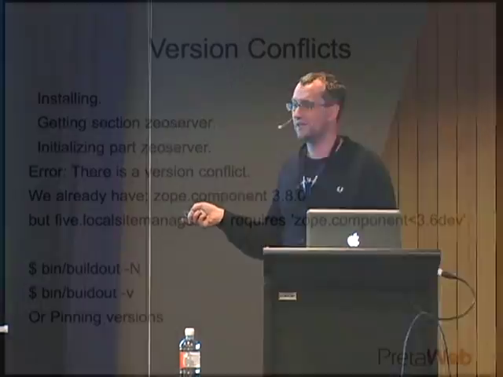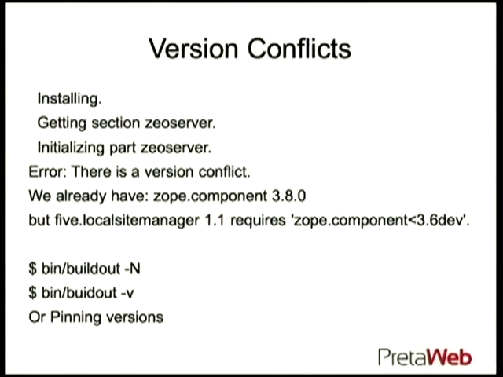So anyway, there are some ways around this. This -n is the non-newest mode. It's good to always run like that, which means don't go out and get new packages. You can use -v, which gives you a verbose option, so that helps you go through and see what's happening.